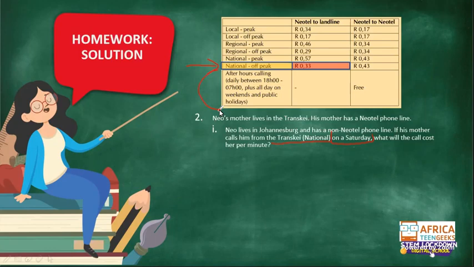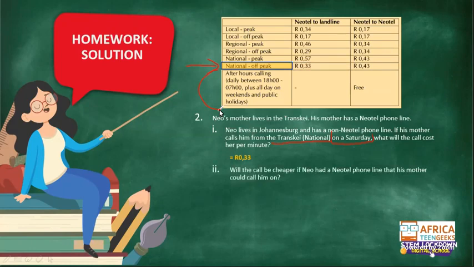After hours calling daily between 6 p.m. and 7 a.m., plus all day on weekends and public holidays. So we know that, you know what? This is an easy question. What will the call cost her per minute? And we can just answer, it will cost her 33 cents. Okay.